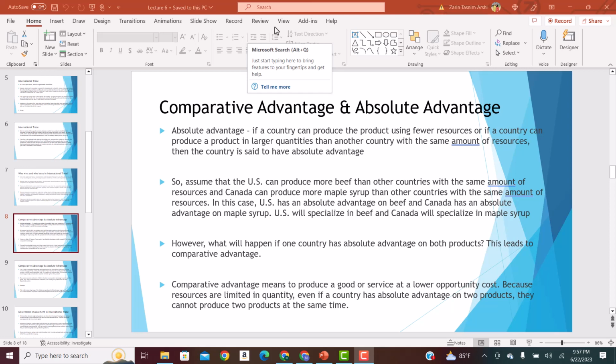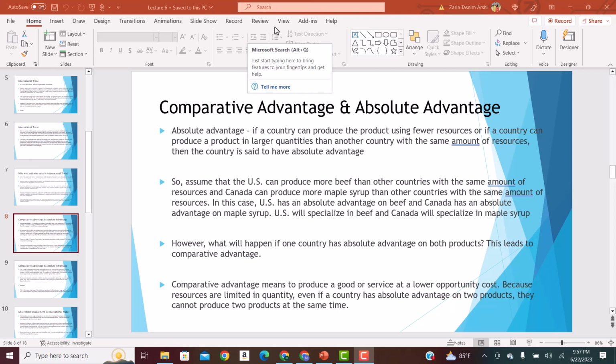So let's say we have the same amount of resources for the US and Canada, and both these countries produce apples. Now, if with the same amount of resources the US can produce more apples than Canada, then the US is said to have absolute advantage in apples, because with the same amount of resources, they're more efficient and can produce more apples compared to Canada. Okay.